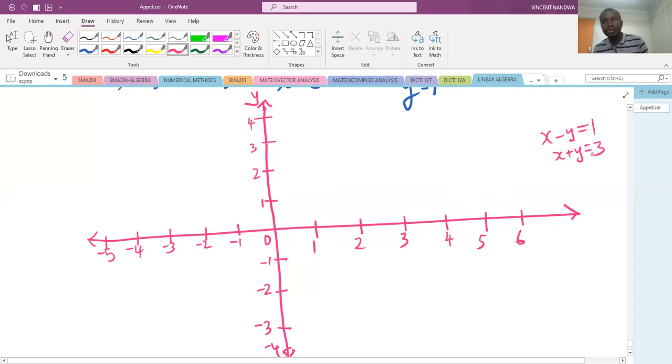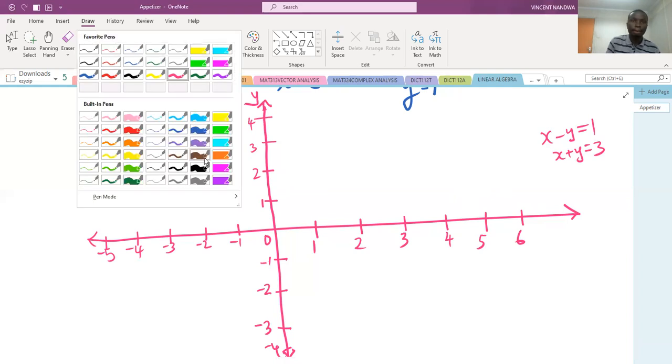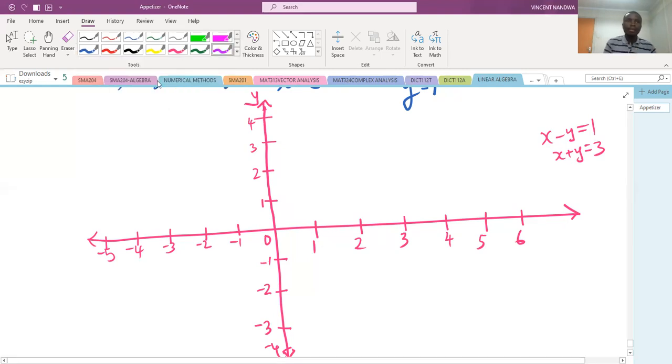The easiest way to draw a straight line is just to get the intercepts. So for the first one, the x-intercept, when y is 0, is 1. The y-intercept, when x is 0, is negative 1.